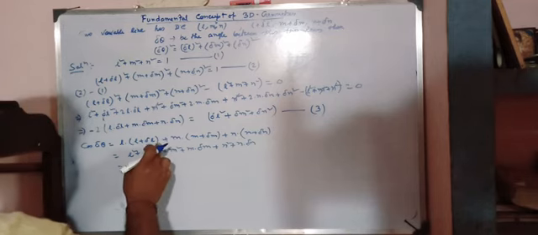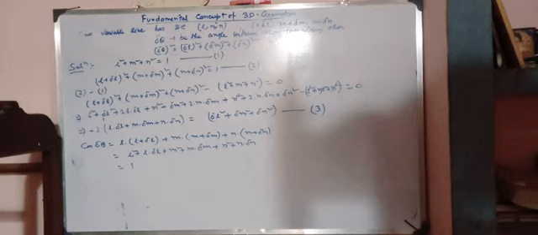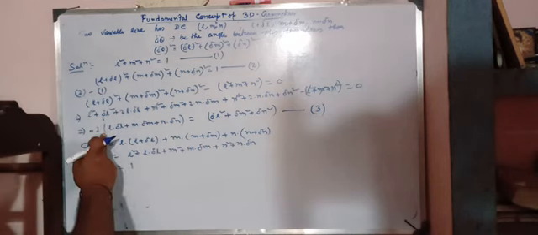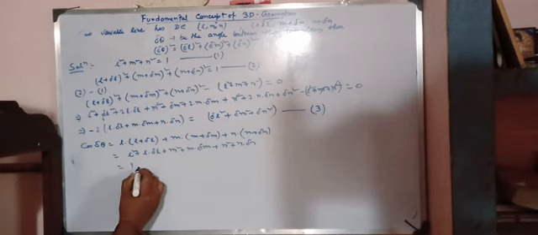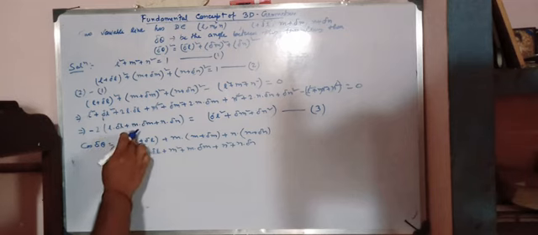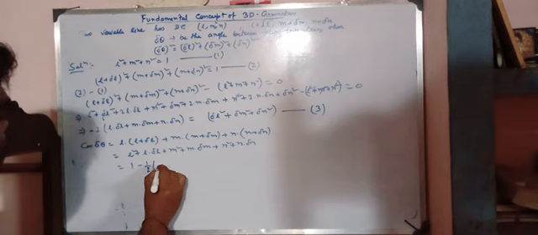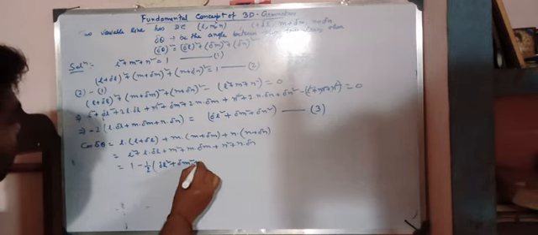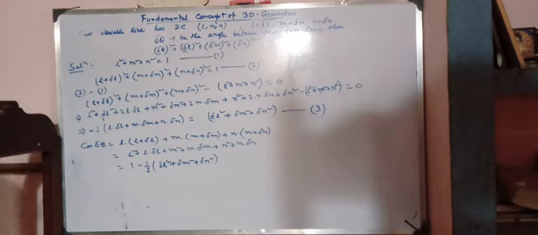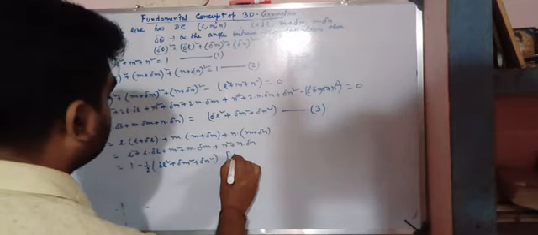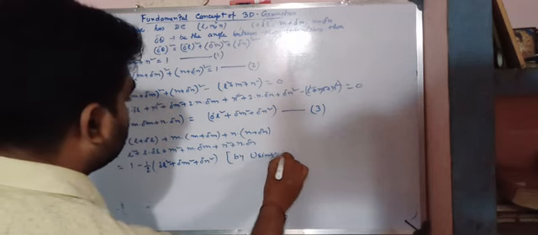And from equation number 3, we can see that l delta l plus m delta m plus n delta n is equal to minus half of delta l square plus delta m square plus delta n square. This is by using equation number 3.